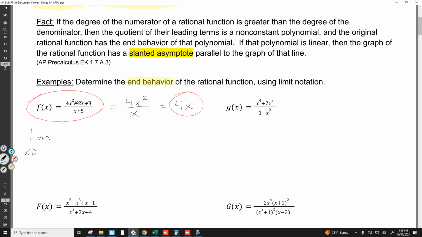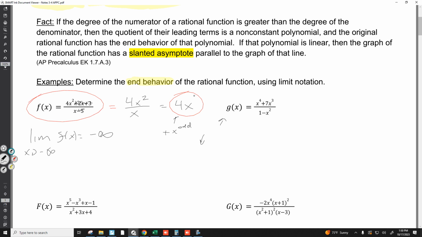We are talking about a positive x to the odd. It is down and to the left, up and to the right. As x approaches negative infinity, I'm going down and to the left. You can get this answer as well by plugging in negative infinity into 4 times x; you get negative infinity.